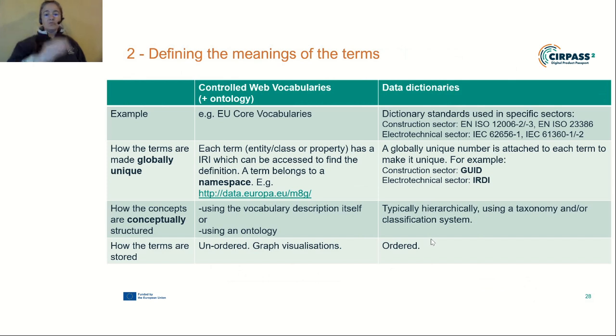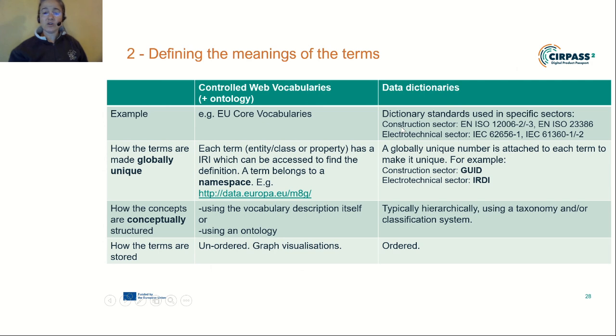So now I'm going to move on and talk about data dictionaries. It's very, very similar to controlled web vocabularies. You define the concepts and the relationships between the different concepts, but here you will need a specific standard. Often you will find different standards that are defined in different sectors. This set of standards is used in the construction sector in Europe.